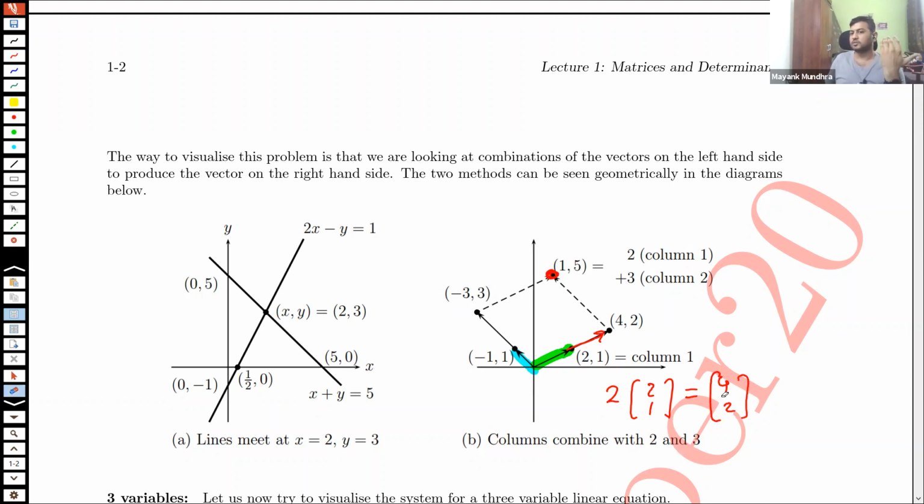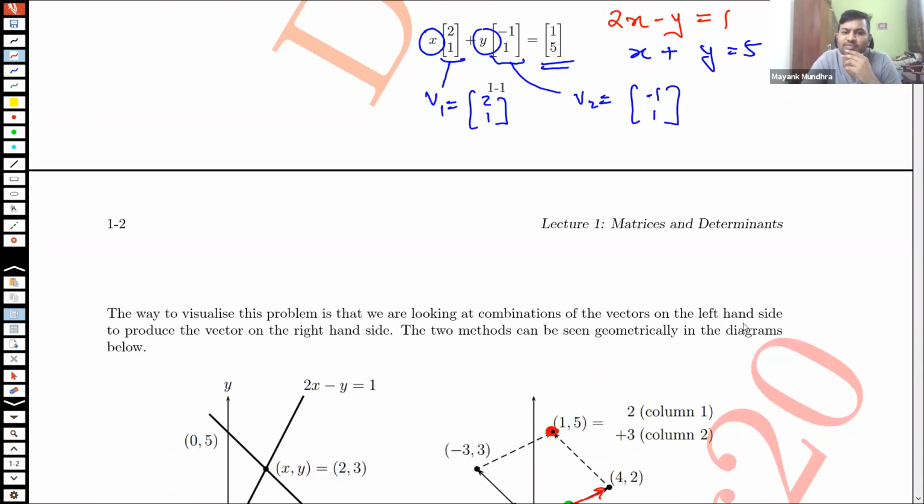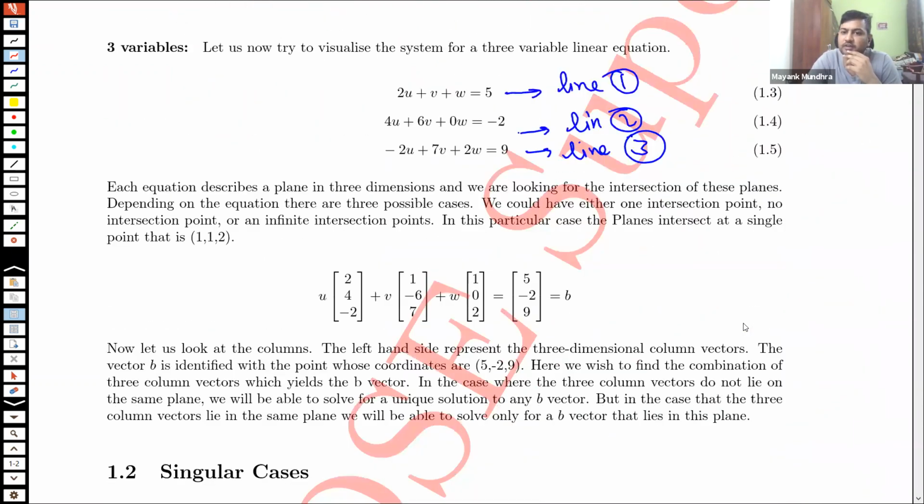I don't know what this multiple should be, but there should be some multiple of (2, 1) and some multiple of (-1, 1) which should yield the point (1, 5). That is the aim. So this x and y are some multiples of vectors (2, 1) and (-1, 1), which should help me reach the point (1, 5). So these are different visualizations.